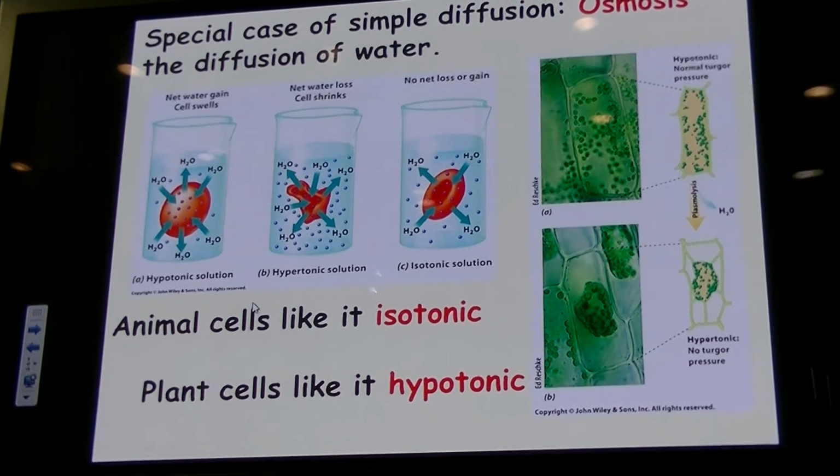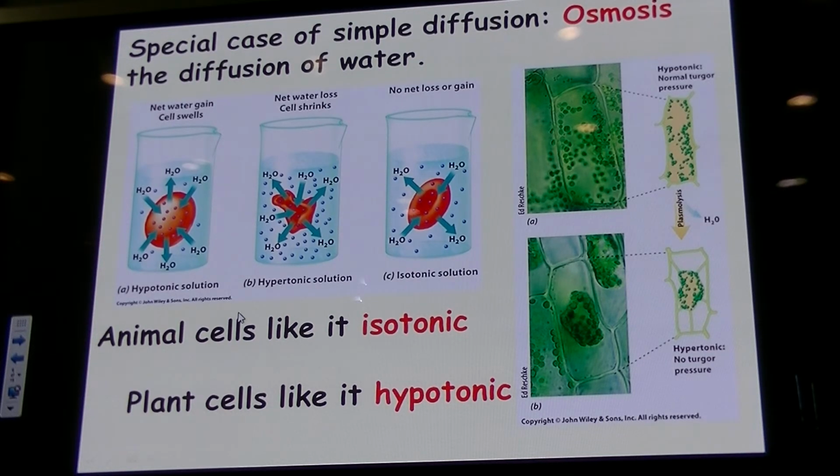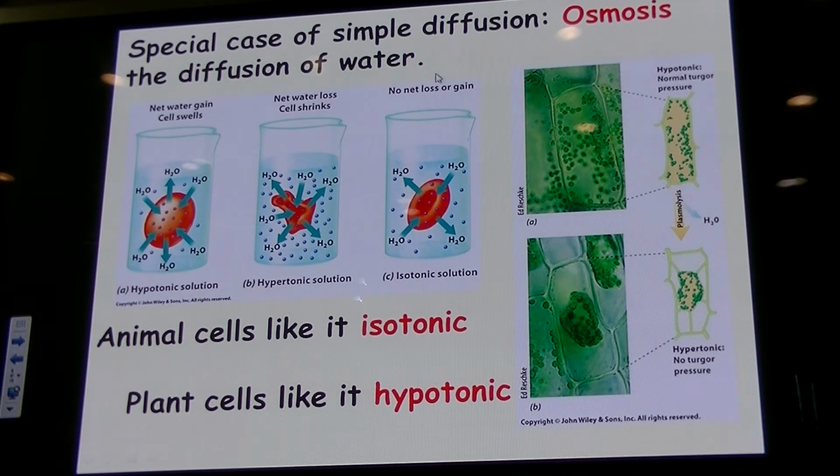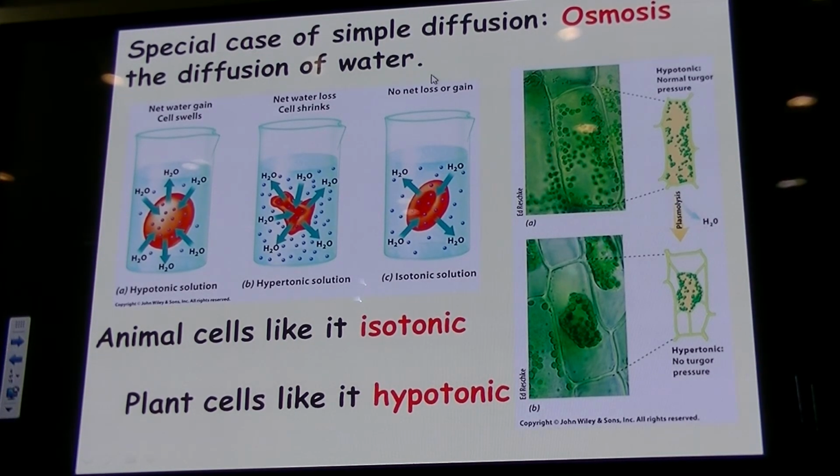Now, a special case of diffusion is the diffusion of water. And per water molecule, the probability of it diffusing across the membrane is very low. But the water concentration is always close to 55 molar, it's very high. So the net rates of water diffusion are actually appreciable. And remember, water diffuses in the direction of where there is the highest solute concentration, and that corresponds to the relative lower molar concentration.